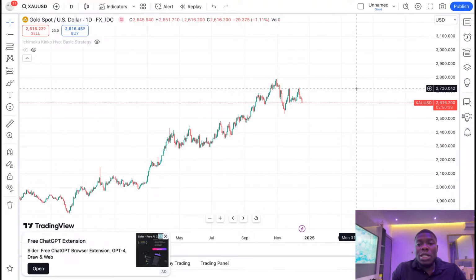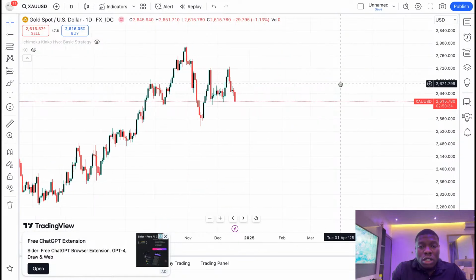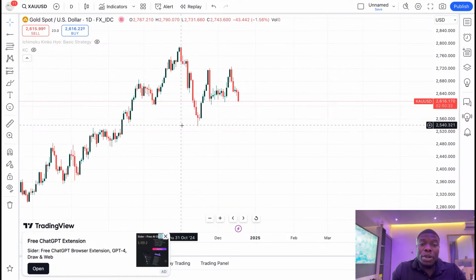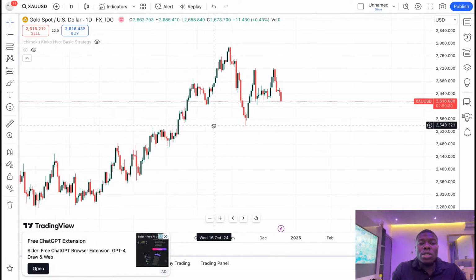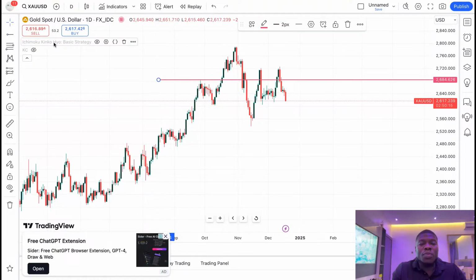So we'll go back to our recent price region. So let's see what is happening on gold. So this is our 1 day. Let's mark out the last two swing high and swing low on the 1 day. So this is our last swing high on the 1 day.